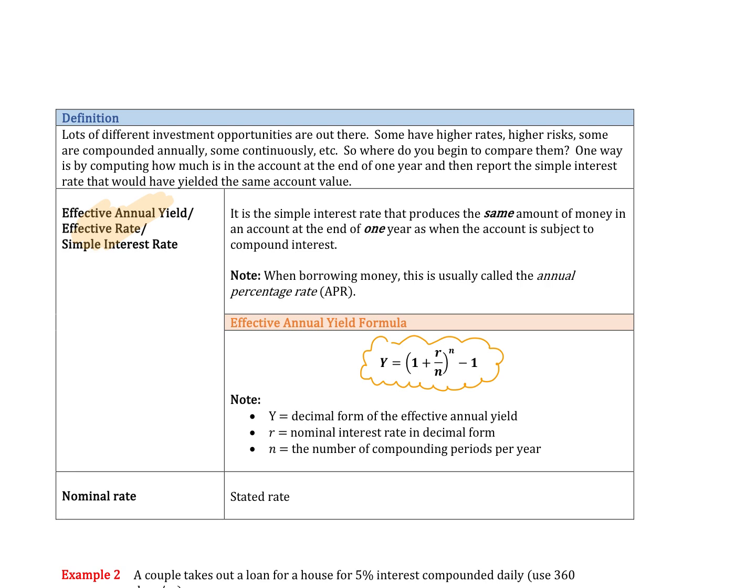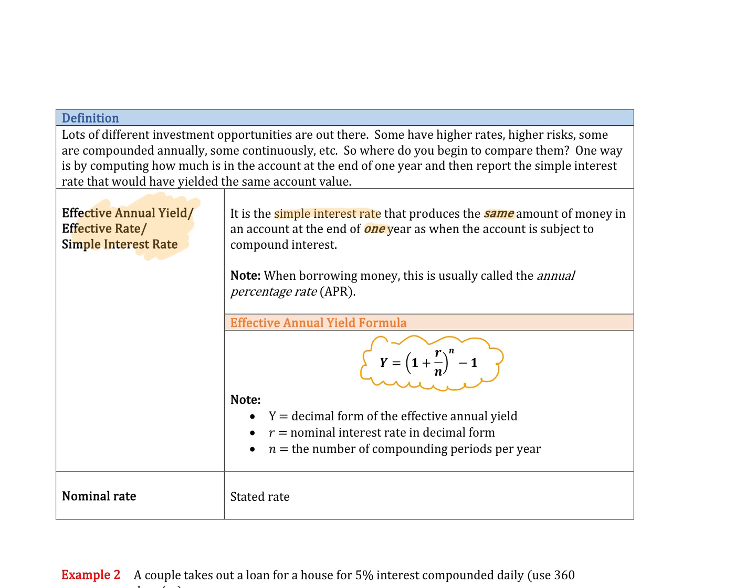This effective annual yield allows us to compare the different investments and actually see which one's a better bang for our buck if we're investing, or which one's going to save us more money if we're taking out loans, etc. So effective annual yield is the simple interest rate that produces the same amount of money in the account at the end of 1 year as when the account is subject to compound interest.